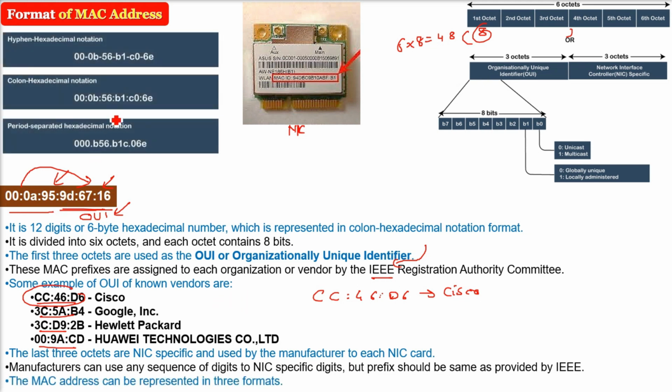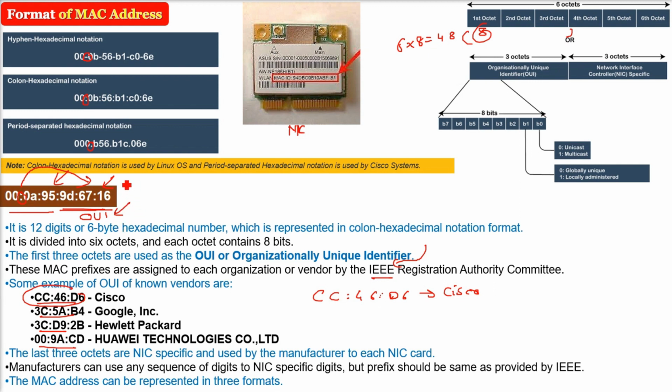So there are 3 types of MAC address formats which I am showing you. These 6 octets can be separated by a hyphen, by a dot, or by a colon. Okay.